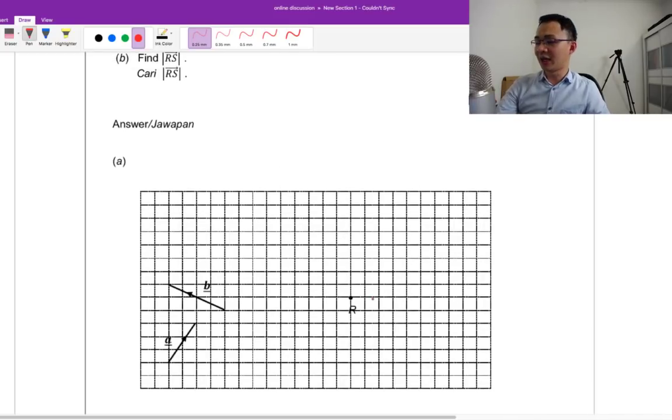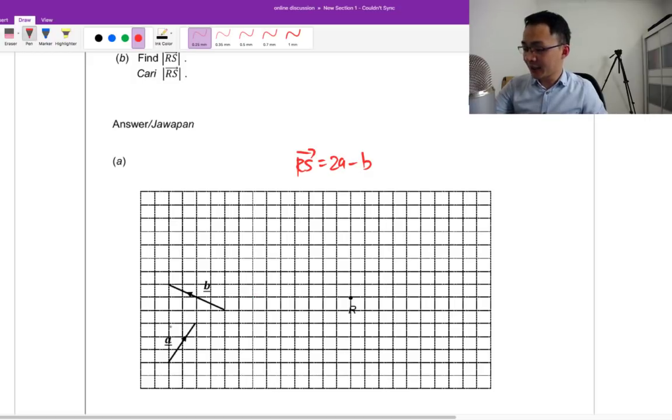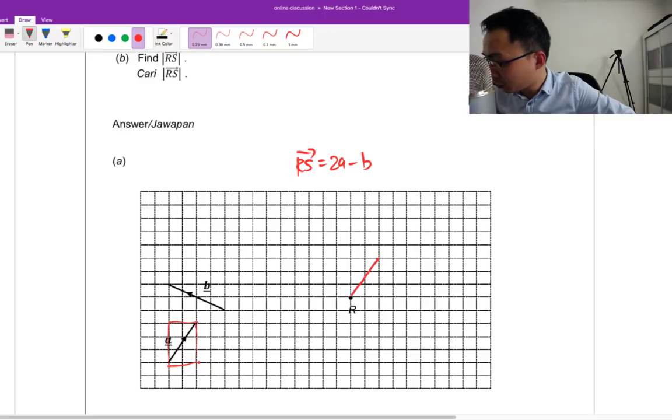In order to draw RS, which is 2A minus B, I will need to draw double of A, and then B will need to be in the opposite direction because it's minus B. A is basically, you have 6 boxes here, right? You have 6 squares here, they cut half. So it should be something like this, 1, 2. Let me use another color, then you can see how I actually draw the second one. Okay, it's very ugly. Let me draw again.